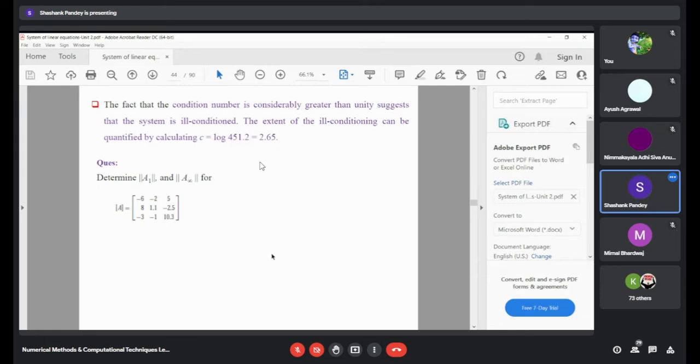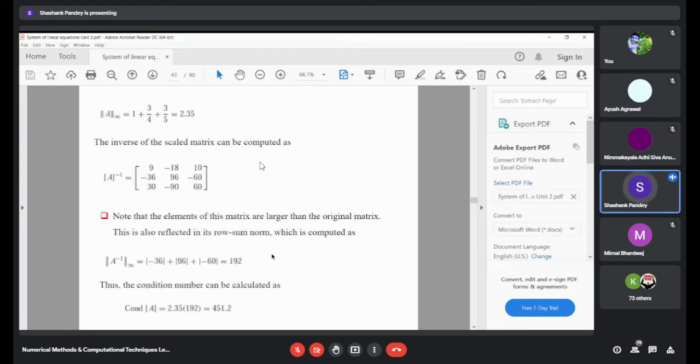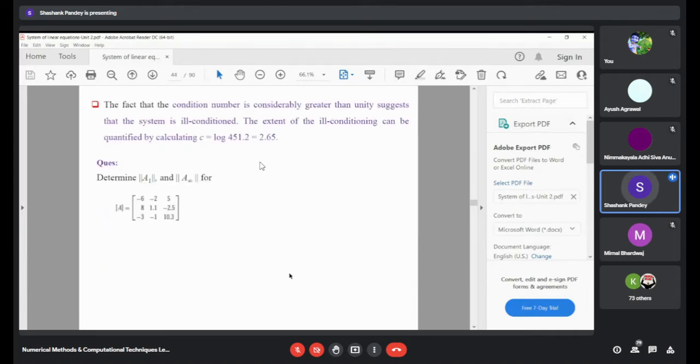The point I am making is that when we calculate this condition number, the higher the condition number is above unity, if it is too large compared to unity, then it is called a highly ill-conditioned system, and the extent of ill-conditioning is obtained by taking the log of this value.